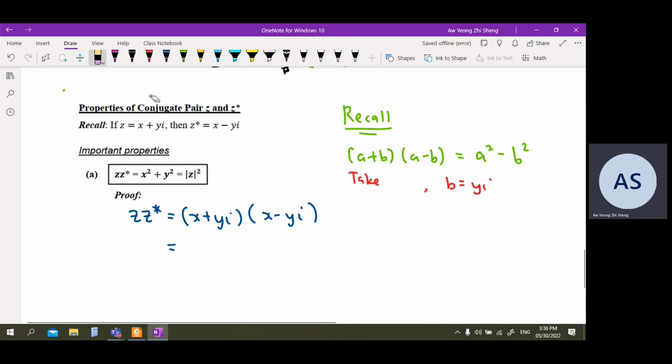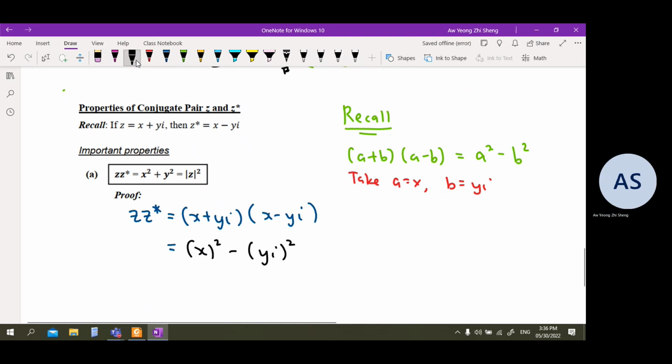then we have the form a squared minus b squared here in our expansion. So that would be x squared minus (yi) whole thing squared. Well, x squared is simply just x squared.